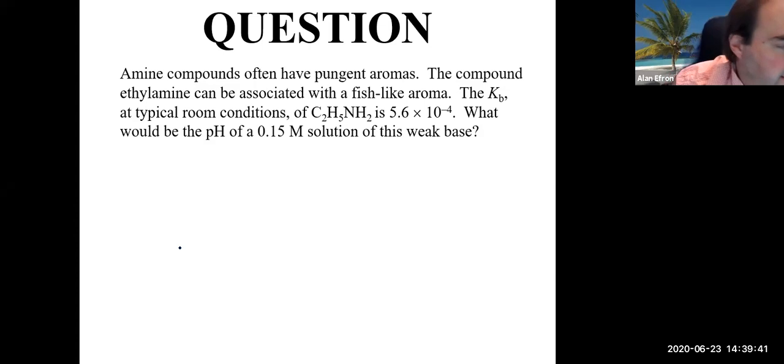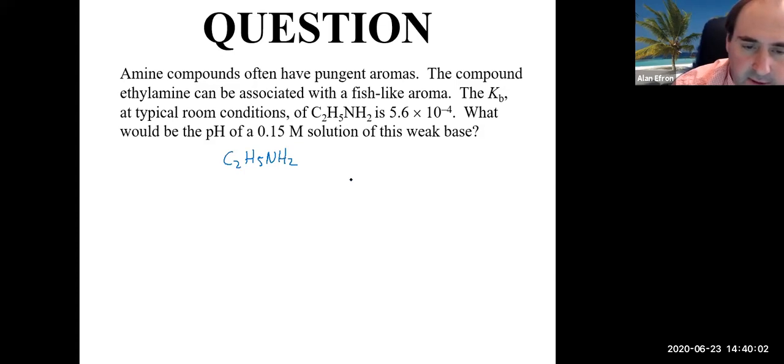Okay, so let's see how we're doing. So this is a Kb, so we'll take what we're starting with here, C2H5NH2. And when you write the Kb or basic type reactions, this is one where you probably do want to put the water.